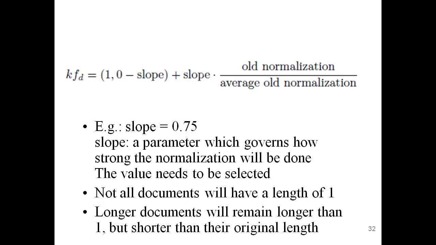This value needs to be selected. Not all documents will now have the length of 1. It's not as beautiful and easy to make the sum as before. But the long documents have still a chance to be found, and the short documents have more chance to be found than before. So this is kind of a compromise.